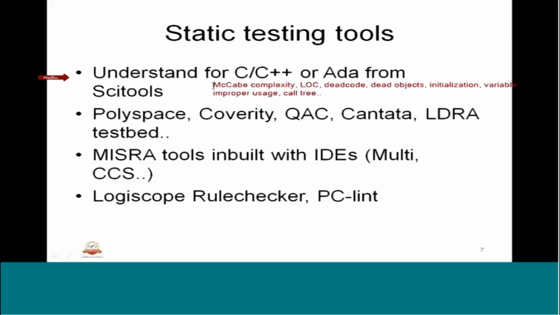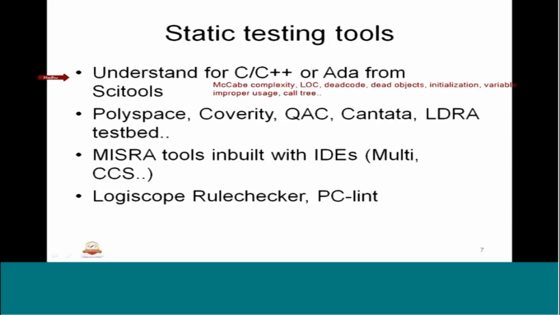You know all this by now. So as a static analysis aspect, all this can be done with the help of Understand for C++. It has a lot of features. I will try to go through a snapshot of Understand for C++ as a practical understanding of the tool in the next slide probably.